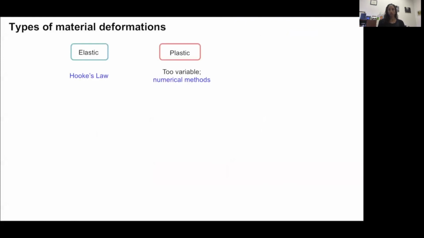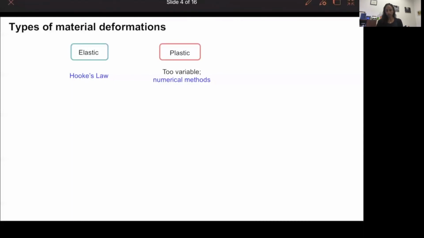We've talked about multiple types of material deformations in our materials class, where we can have elastic and plastic deformations that have been discussed. So when we think about this, in our elastic plastic deformations, we have our stress strain response, we have this elastic region, and then followed by a plastic region.